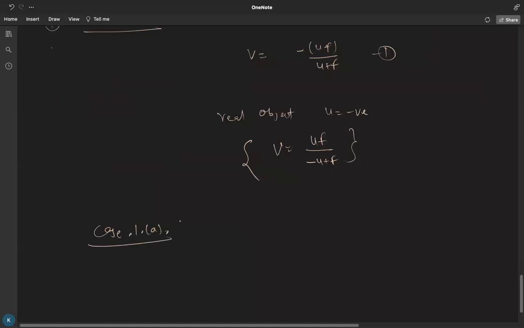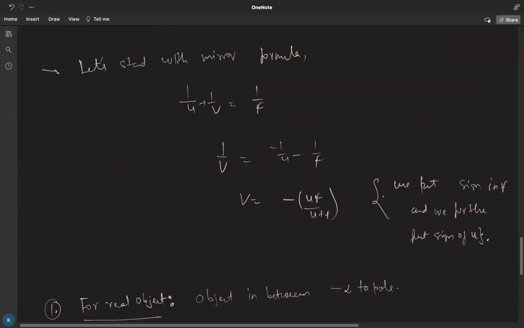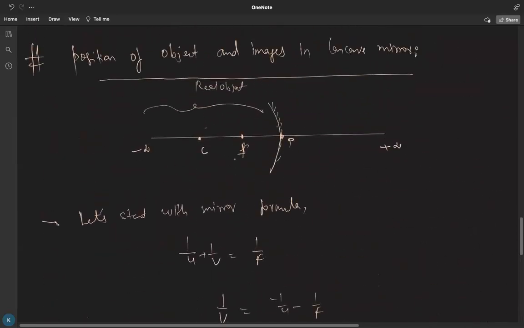Okay, so when u is greater than f, that means obviously we have the object between minus infinity and focus. Because u is greater than f, the object is lying in this region.